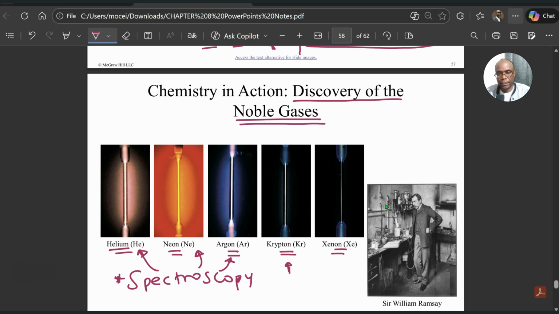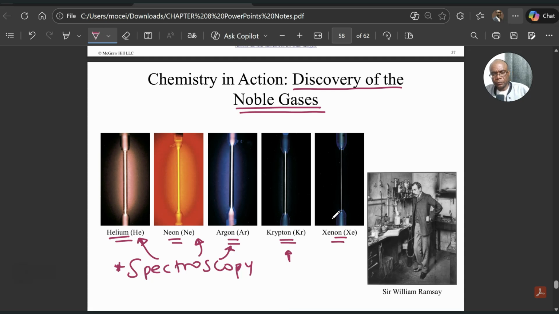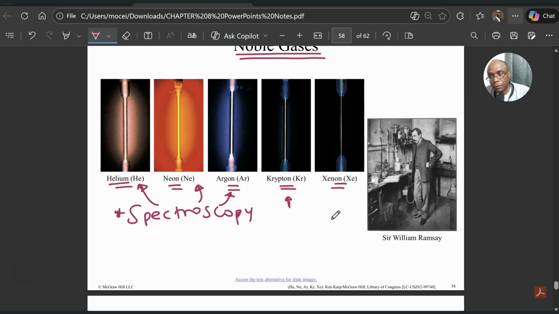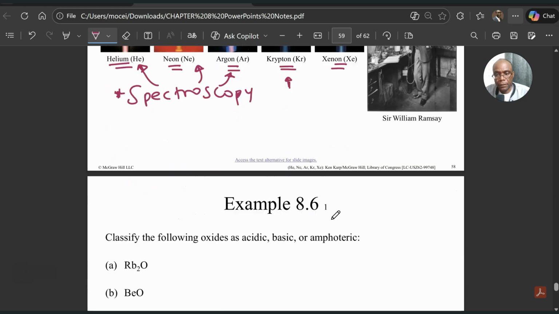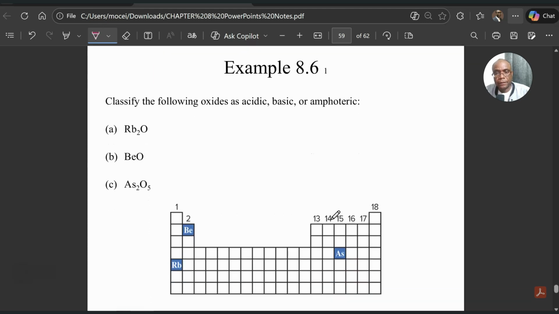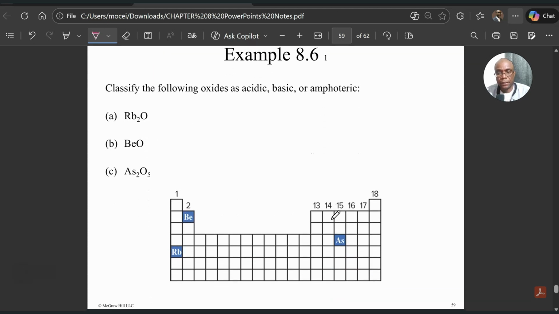You see how bright they are. And you are asked to describe the color that is emitted from the emission tube. All right, so spectroscopy helped in the discovery of these noble gases, and you're looking at Sir William Ramsay, who played a big role in this.